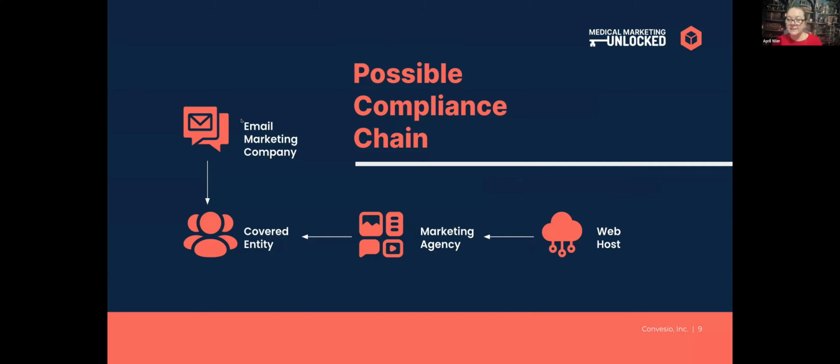Everybody needs a list, and if they don't have it through their EMR, then maybe they're going through something like a HIPAA-compliant email provider. As the marketing agency, I want to access their email marketing app. I want to make sure their templates are set up, that I can help segment their list, but that information is protected. So for me to access their information, I need to issue a BAA.